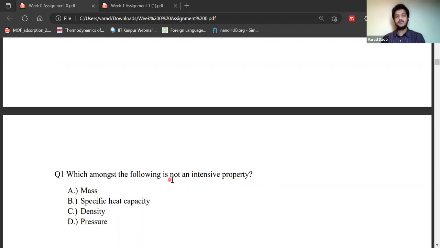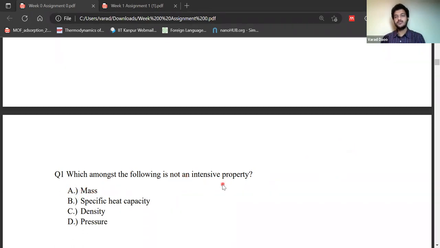Here we are asked for not an intensive property, so we want an extensive property. This is a tricky question, in which instead of asking straight away which of the following is an extensive property, the examiner asks for not an intensive property.